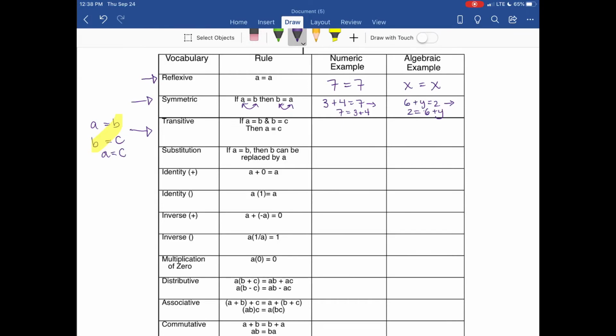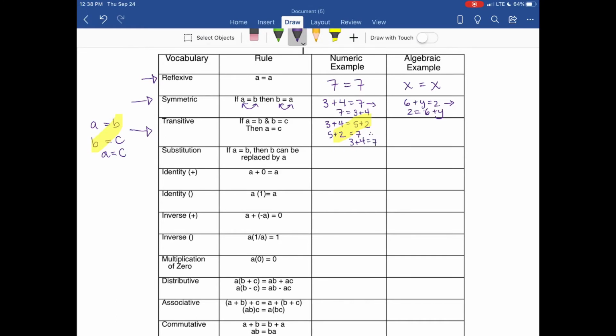So what's a numerical example? If 3 plus 4 equals 5 plus 2, and 5 plus 2 equals 7, what's my therefore? And what's my link? My link is this. Therefore, 3 plus 4 has to equal 7.